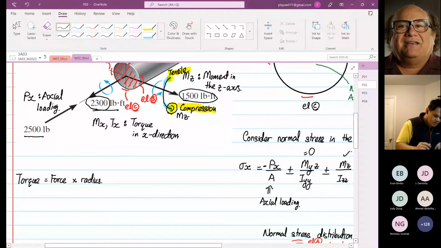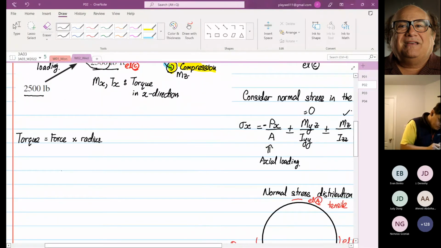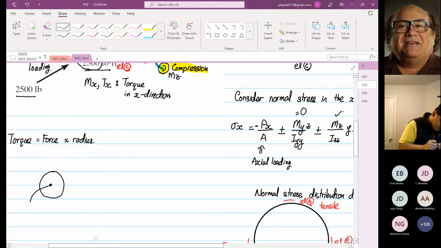Right? So if I'm going to draw this out, the dot that I've just drawn, this is known as the neutral axis. No, sorry, maybe May is right. Let's call it the centroid.